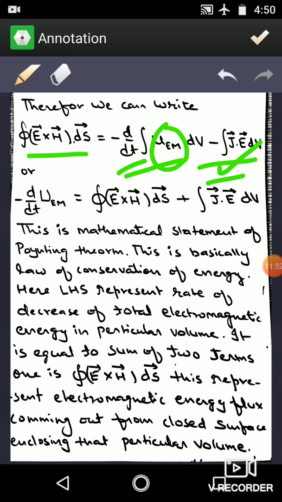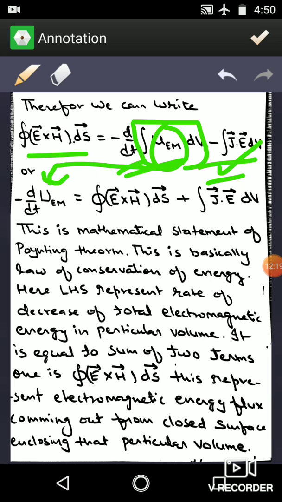What we get is minus d upon dt of u EM multiplied by dV and then integrated, which is replaced by capital U EM, where capital U represents the total electromagnetic energy inside a particular volume.